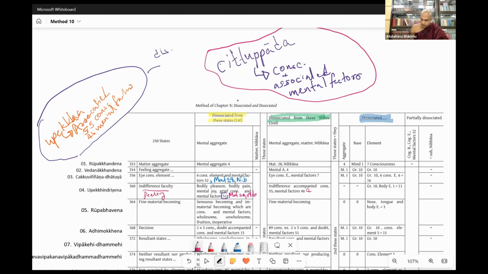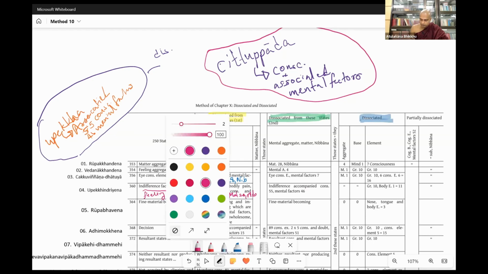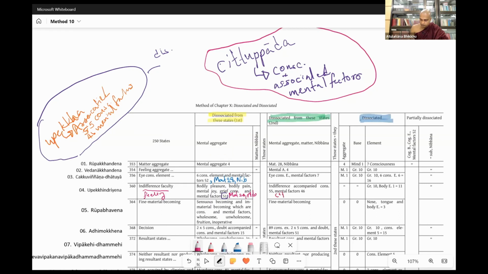But when you move into the second disassociated state, in addition to the feeling, the whole Chittupada, the Chittupada which is with the Upekha, is considered here as disassociation.